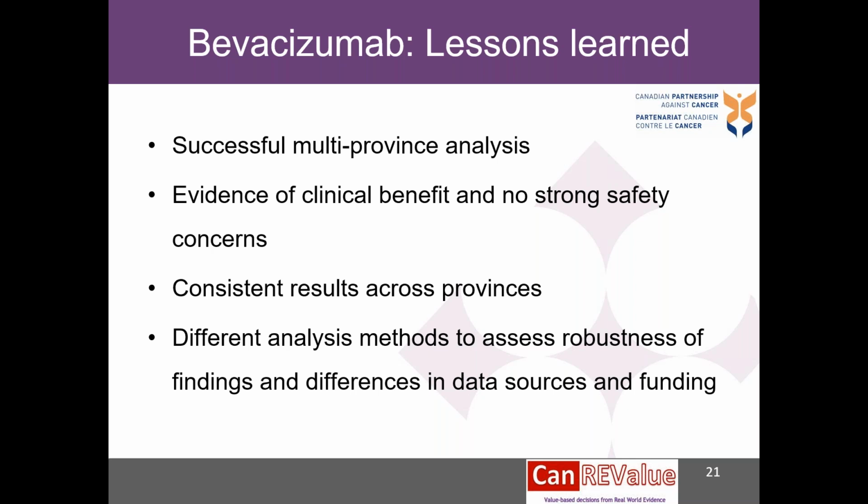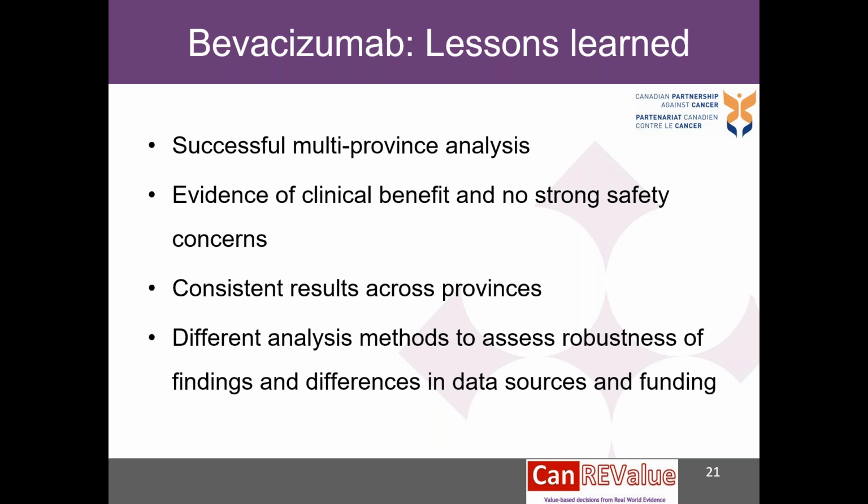And also there were opportunities for the analytic group to learn more about different methods, statistical methods approach to try to assess how robust the result is, recognizing that real-world evidence data, they are not randomized data. So because there's no randomization, there's no perfect way of ensuring that patients who receive bevacizumab are otherwise identical to patients who did not receive bevacizumab in any other way except the receipt of drug.